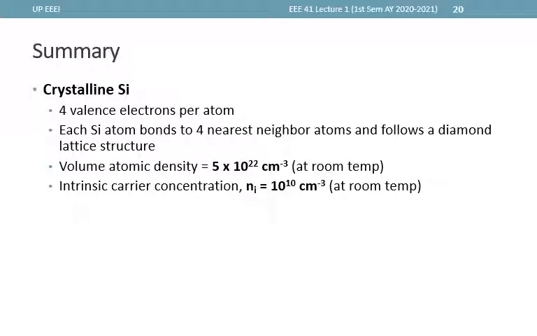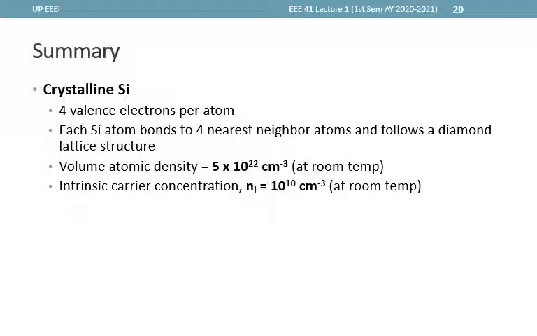So in summary, we have discussed the crystalline structure of silicon, which is important for a large part of semiconductor devices. Silicon has 4 valence electrons per atom. Each silicon atom bonds to 4 nearest neighbor atoms and follows a diamond lattice structure. The volume atomic density of silicon is 5 times 10 to the 22 at room temperature. The intrinsic carrier concentration is 10 raised to 10 at room temperature.